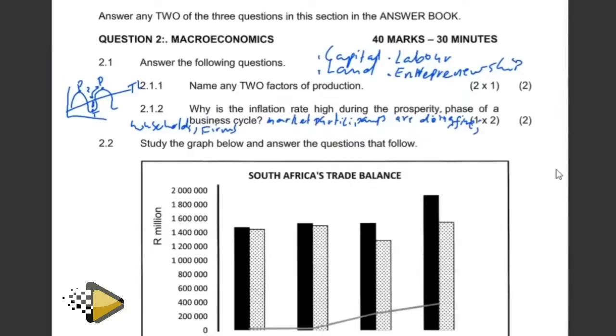So it means households or firms are making a lot of profits, and there is more of exports than imports.